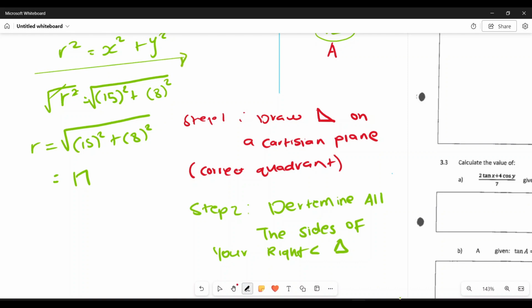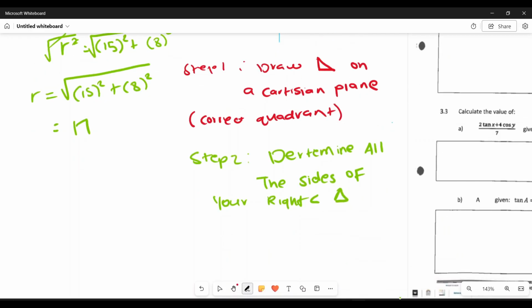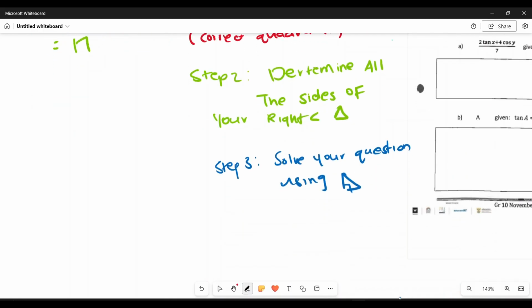Just like we did in this case. All right. Now, last step. Step 3, now that you determined all sides, you can then solve your question using the right angle triangle with the values that you drew.